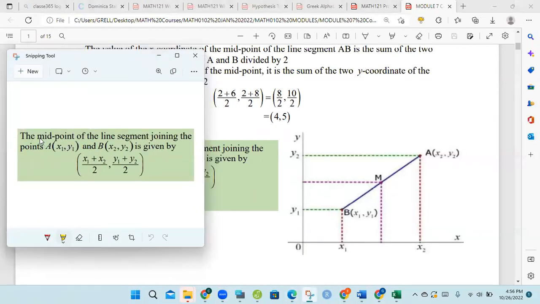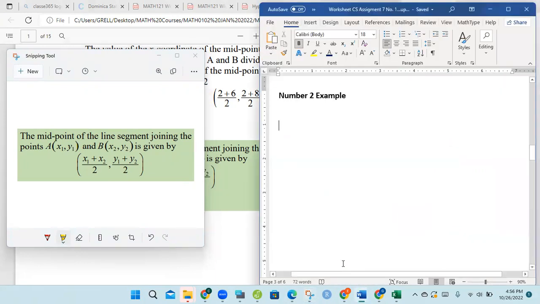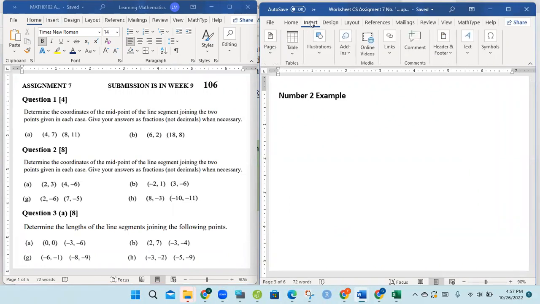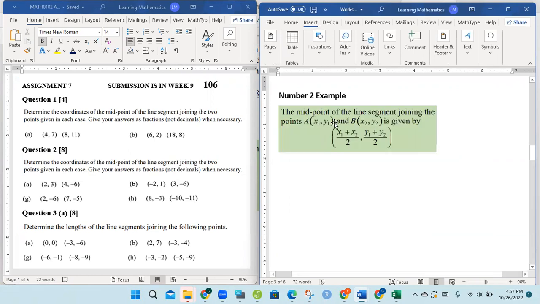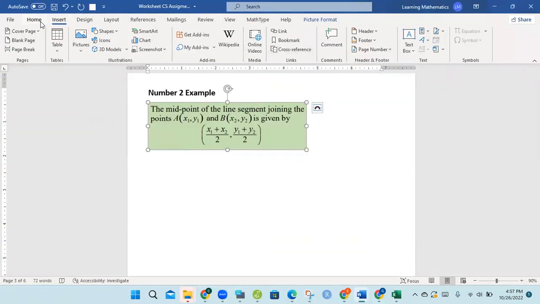Okay, so here we have a copy of this formula. And we can devise an example similar to it. These numbers have negative values. Negative coordinates. We can devise an example with negative coordinates.